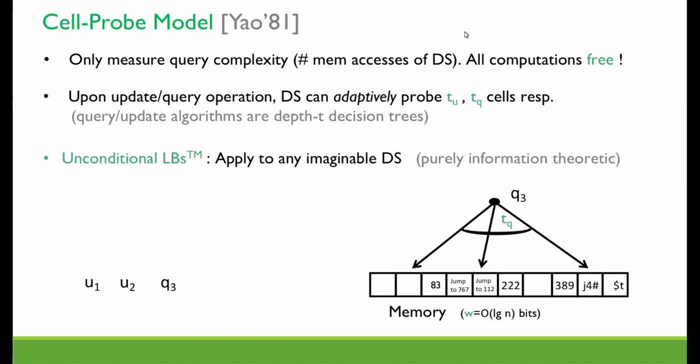Now we emphasize that this is an unconditional lower bound as it applies to any imaginable data structure, and it is a purely information theoretic lower bound. The goal here is to prove a bound on the max of TU and TQ.